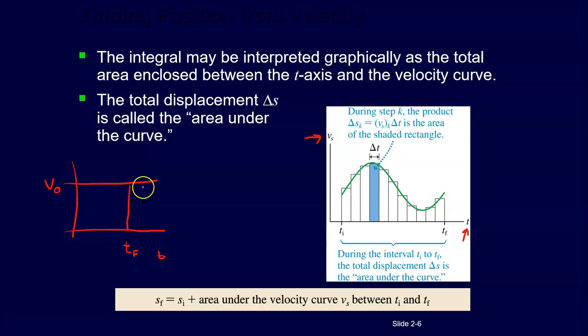If we want to know how much distance this gains, we just take that velocity times the time. Hopefully you can notice that that would be this area under the curve, and that's the point we're getting at: in a situation where the velocity is constant, it's just a case of taking this area.